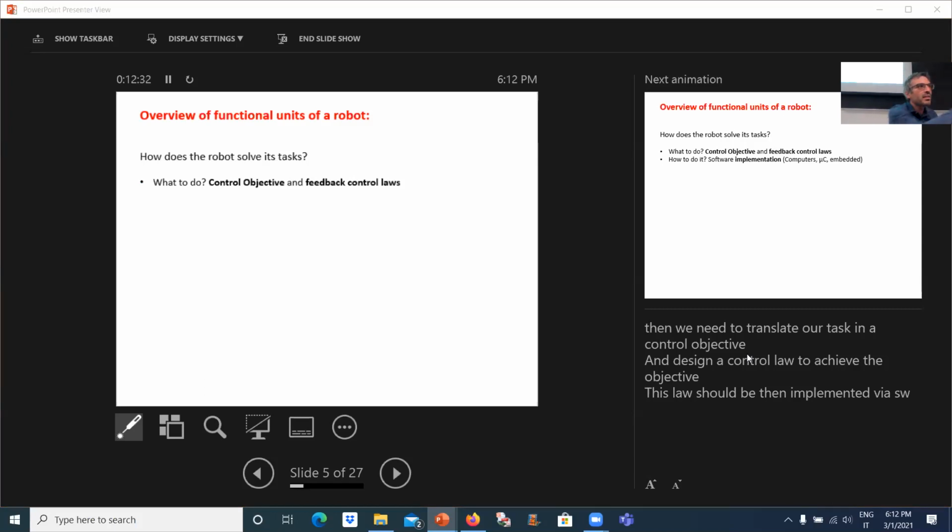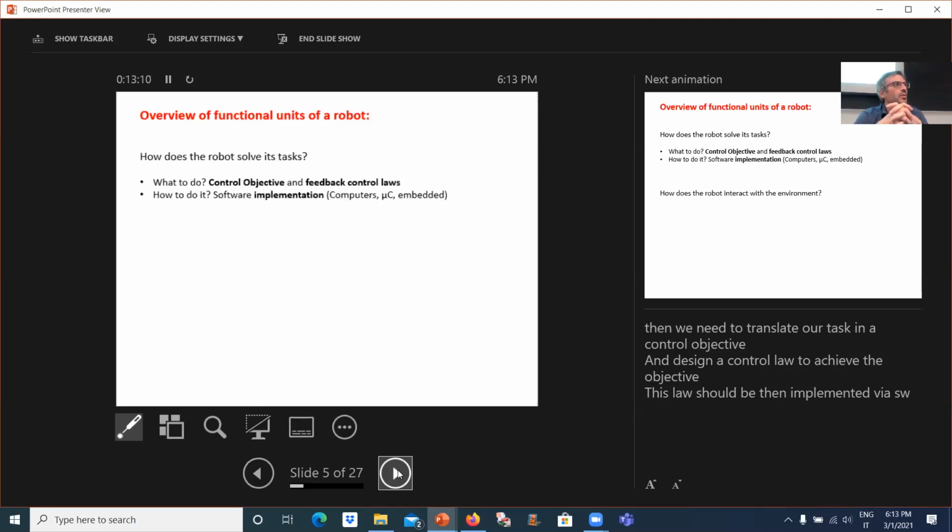And this trajectory could be a straight line, or if there is an obstacle, it could be something like that. So depending on the environment and the target, we need to define this trajectory, which is the plan, and with a feedback control law, we track this plan. So we try to give commands to the actuators that are able to move the effector tip from the actual position to the target location, for example.